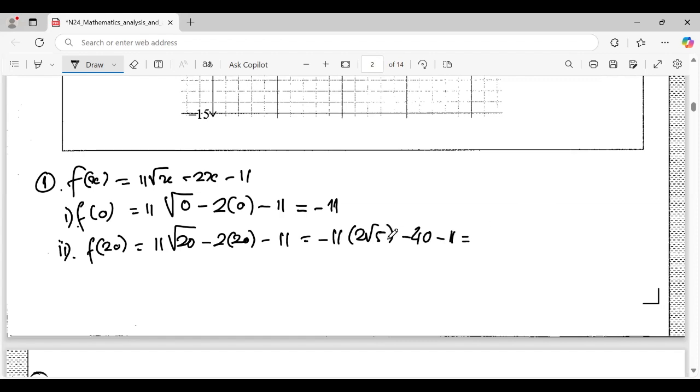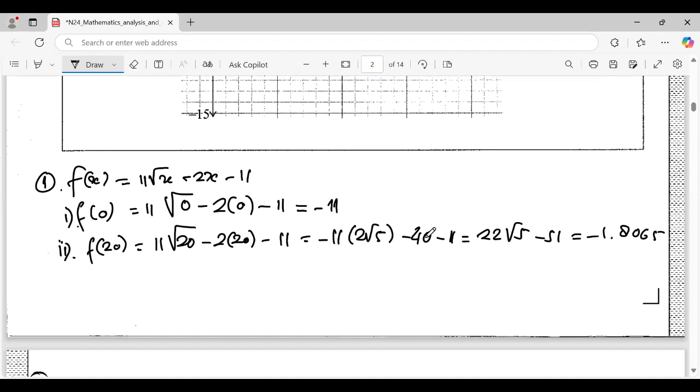If the √5 value is positive, it becomes 22√5 − 51, which is about −1.8065.